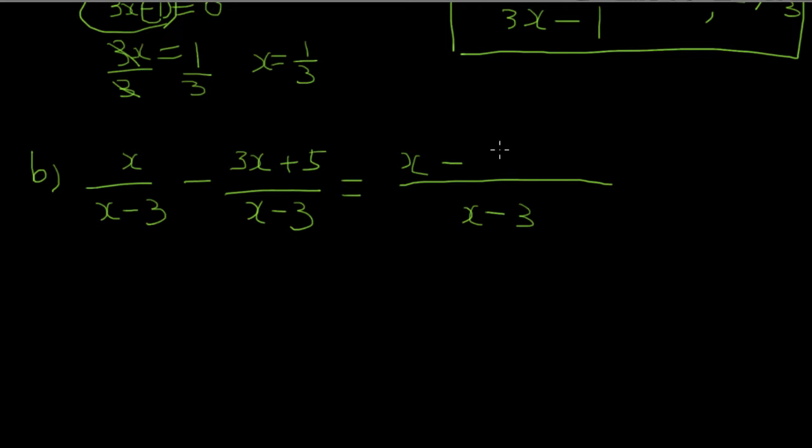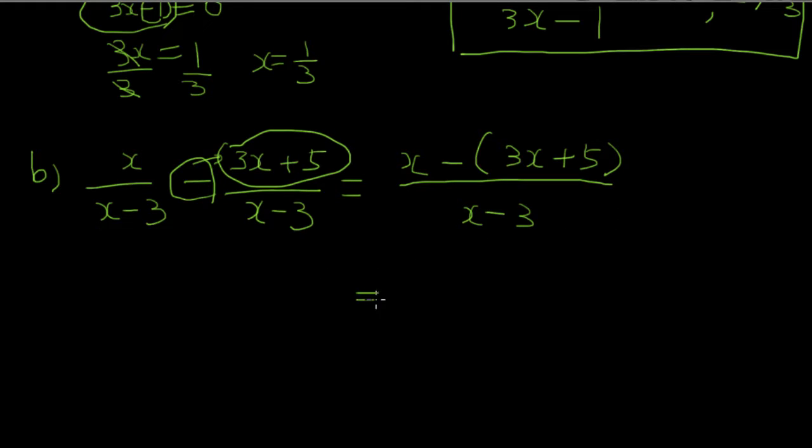Now that's a common mistake that many students are likely to make. You need to put this into parentheses like that, because that minus applies to all of that. So you need to put parentheses, just like this. Then you need to apply this minus inside the parentheses. That will change that to minus 3x, and that to minus 5.